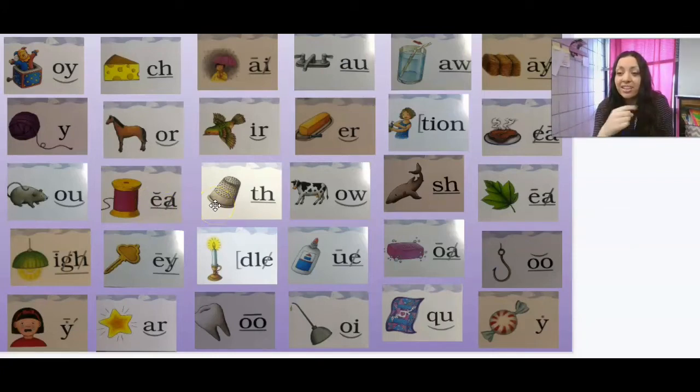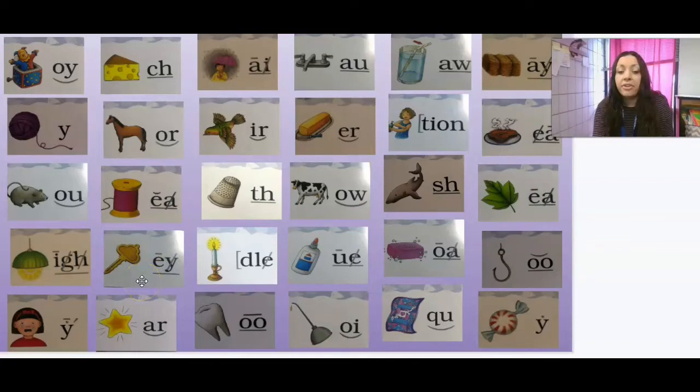Thimble, digraph TH. Cow, ow, diphthong OW. Shark, sh, digraph SH. Leaf, E, digraph EA, and then light, I, trigraph IGH.